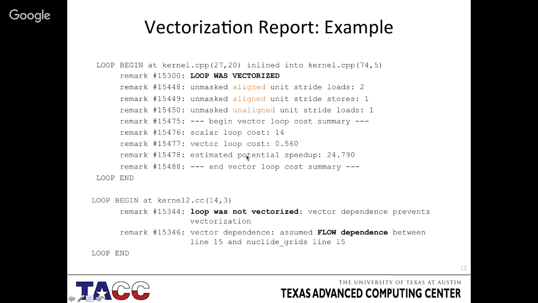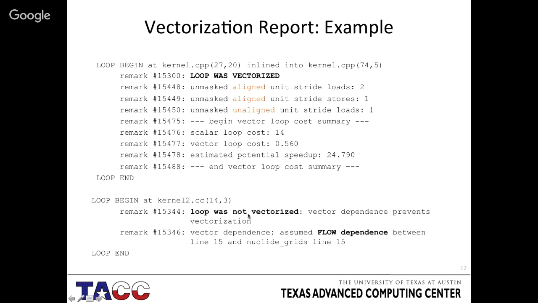And then what's really nice, I think this was vectorization level 3, it tells you the cost of doing the operations if it's just scalar, and the cost of doing it as a vector, and then the potential speedup that you would get when it's fully vectorized. So that's pretty cool to have.